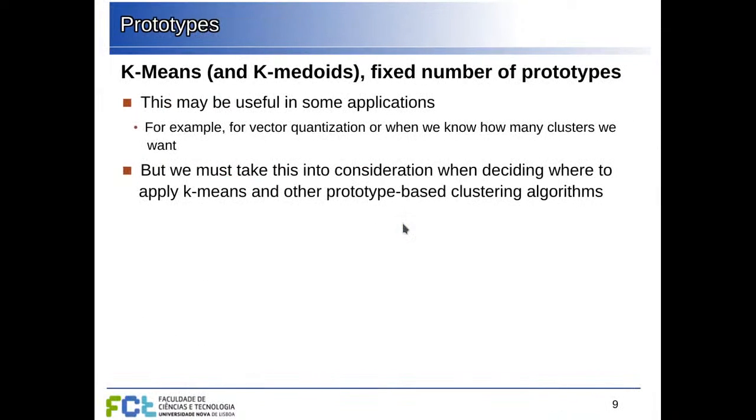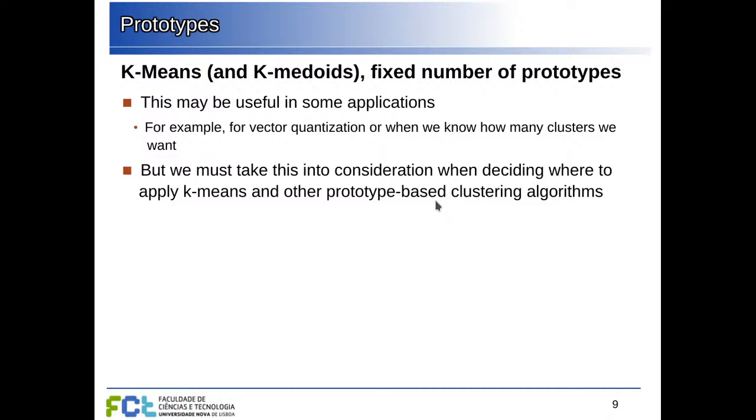So there are some problems here on this type of clustering with prototypes: we have a fixed number of prototypes, and we have these distance measures that may result in problems if the clusters are not globular, if the clusters have different variances, and so on. But they also may be useful in some applications.